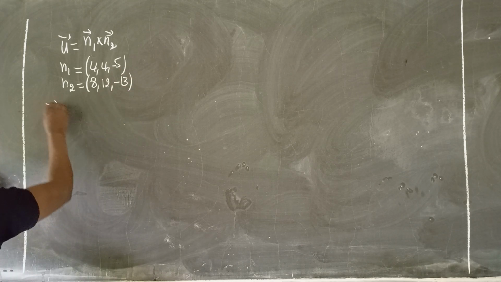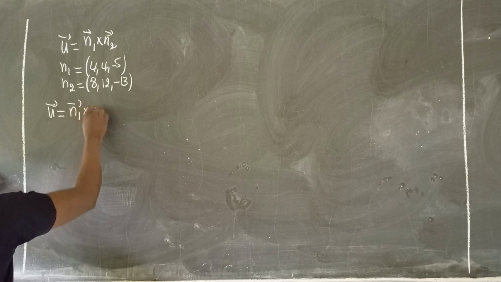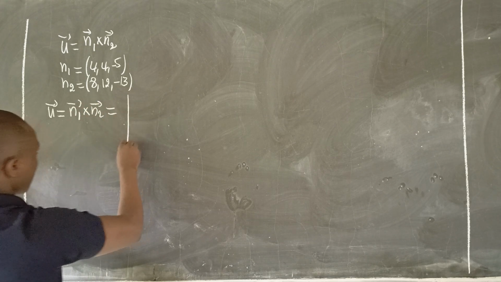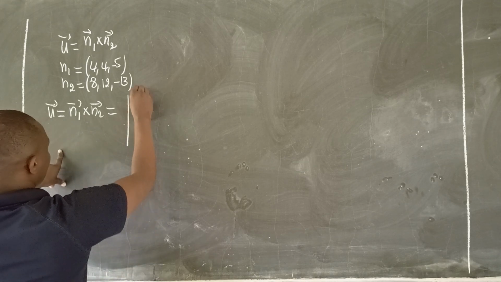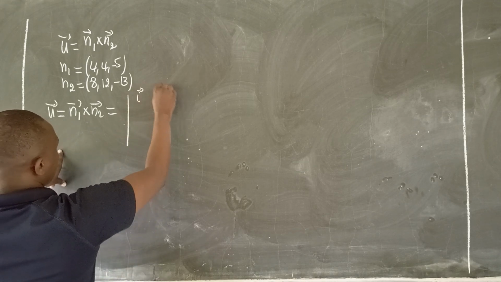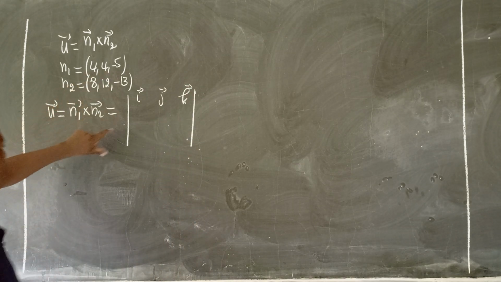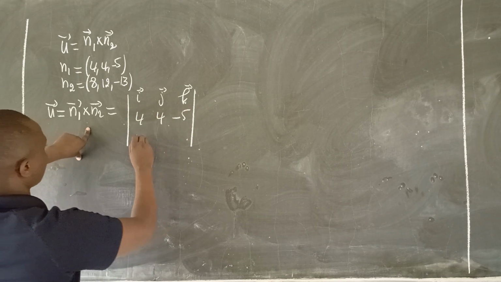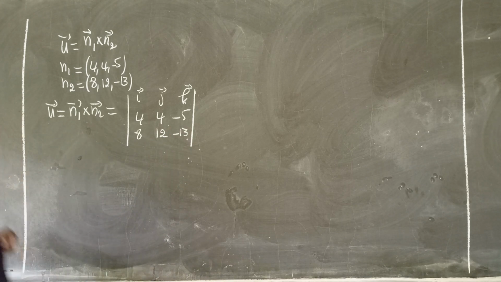The cross product of N1 and N2 is then equal to the determinant of the matrix, with i, j, and k in the first row. Insert 4, 4, minus 5, and 8, 12, negative 13.